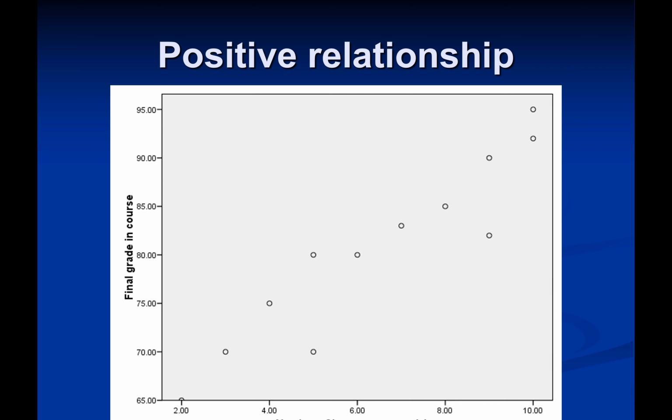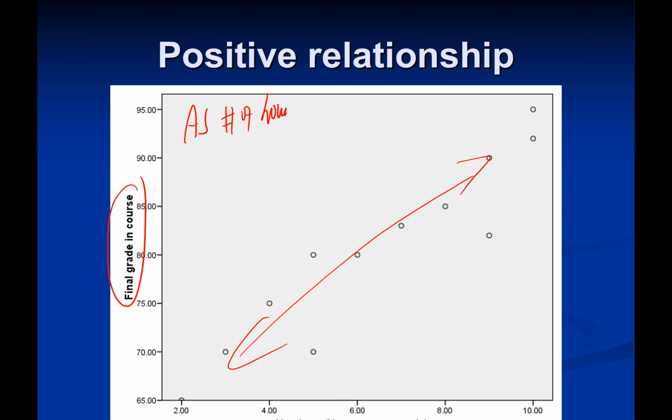Let's take a look at some examples of positive relationships. As the number of hours spent studying increases, the final grade in the course increases as well. We call this a positive or direct relationship.